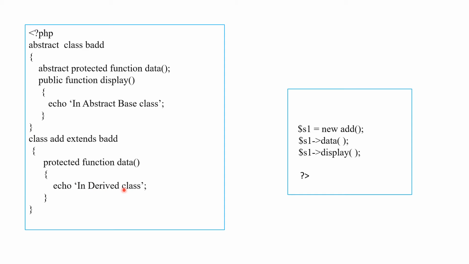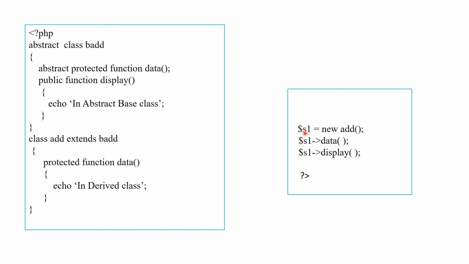After closing this child class, you create an object for your child class, not for your parent class, meaning you cannot create an object for your abstract class. Here you create one object for your child class: $s1 is equal to new add, and a semicolon.